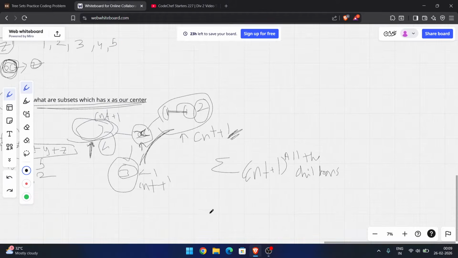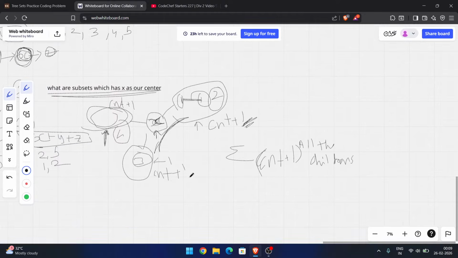Okay, let's see all the children. But now this would also include one case, that would be if I don't pick anything from this. So I was subtracting that one case.